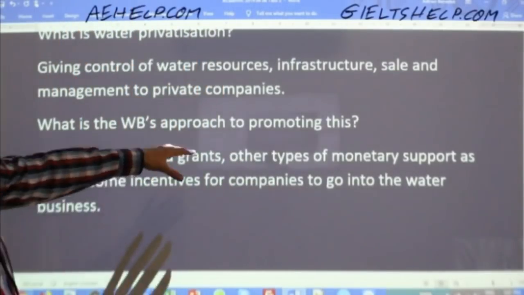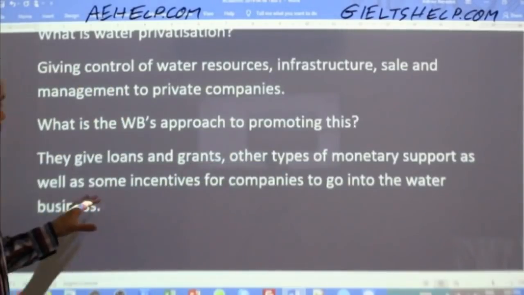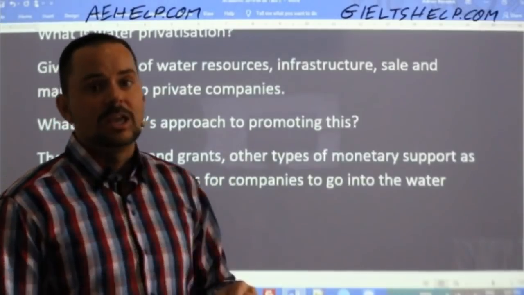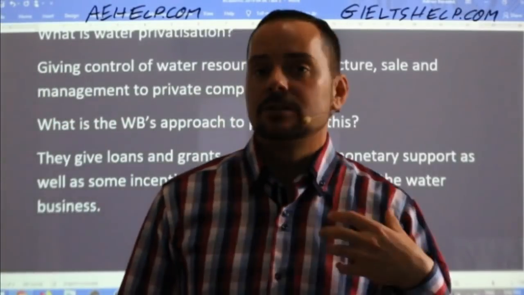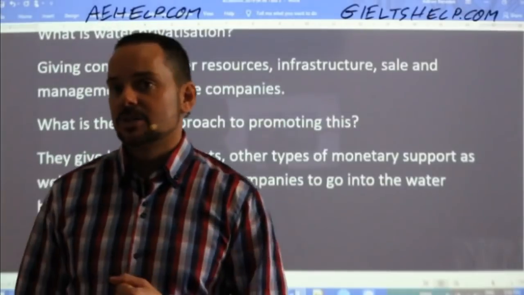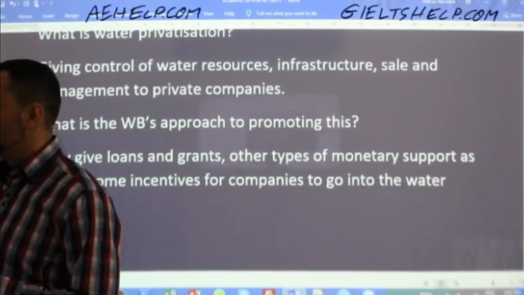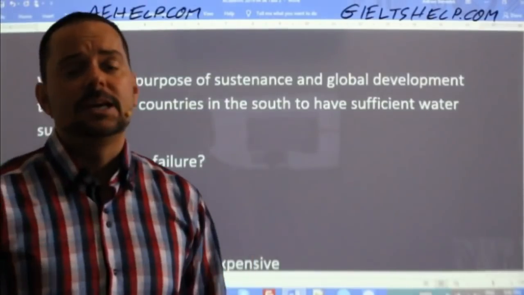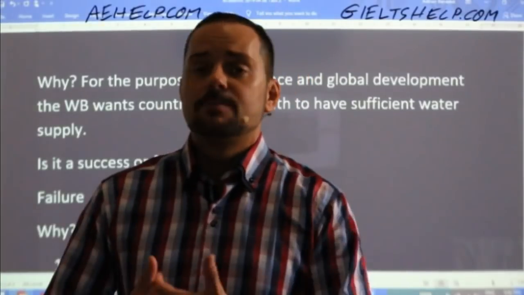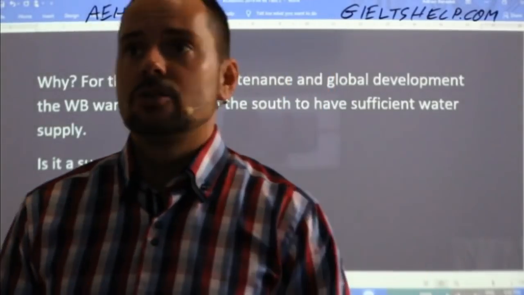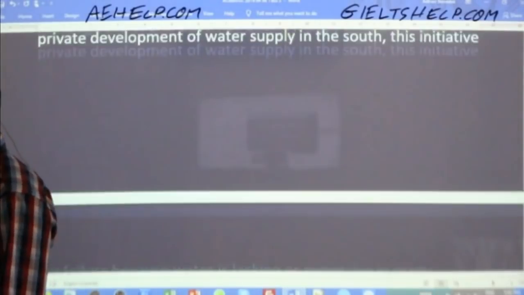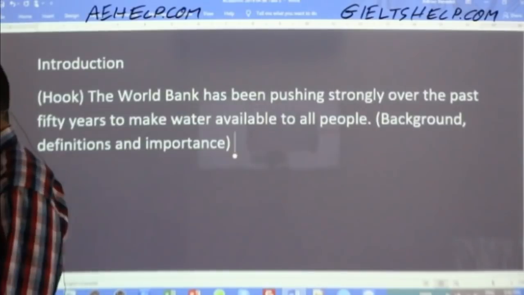So they give loans and grants and other types of support to companies to build water infrastructure like sanitation and water systems, aqueducts, right? So that's the background. Why? Because of what Begzod said, that there is a greater demand for fresh water as populations grow and farming increases and industry increases. So that goes into the background.